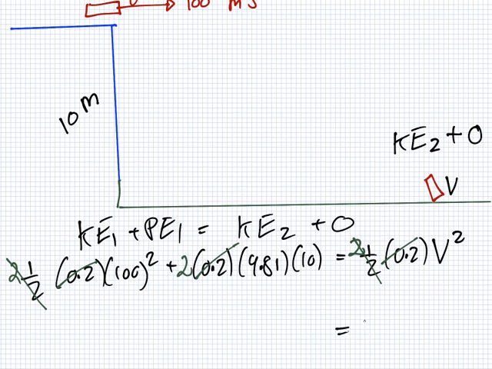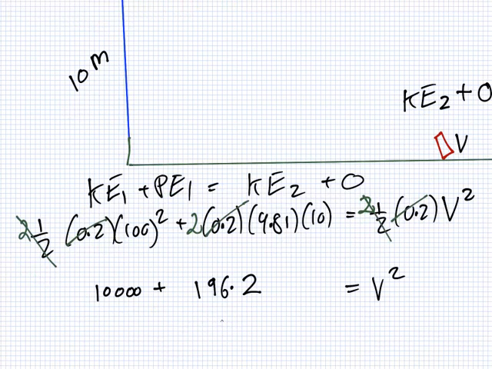So we end up with v squared equals 100 squared plus 98.1 times 2, which is 196.2. Right, so finally, v is the square root of 10196.2.